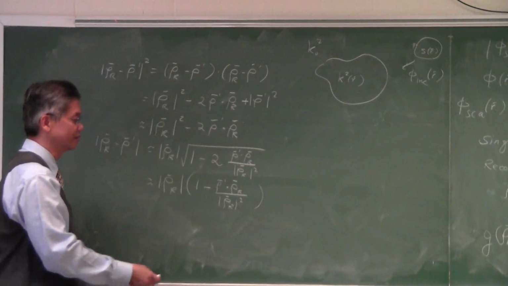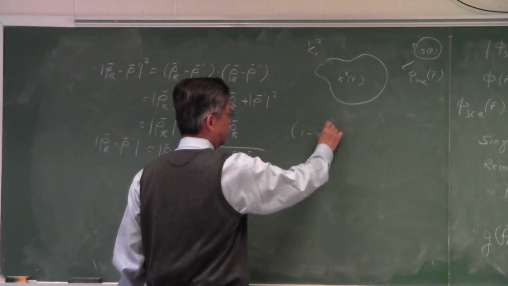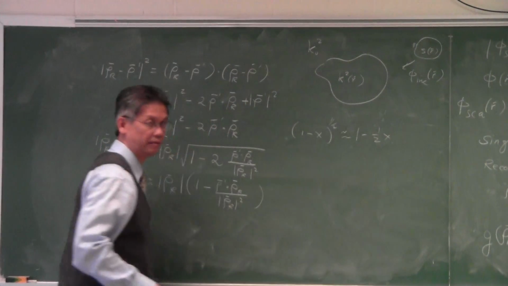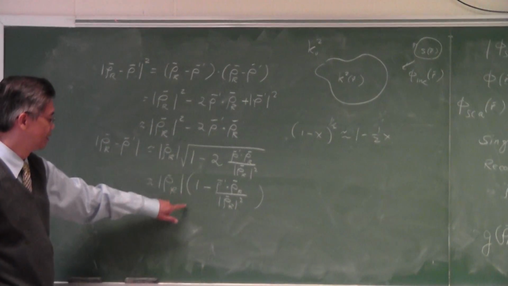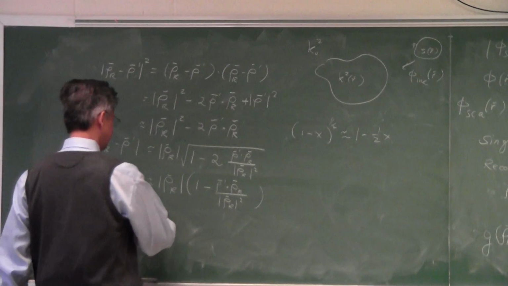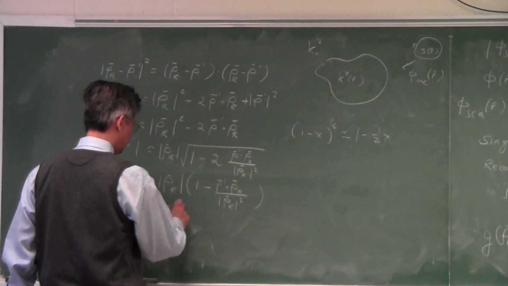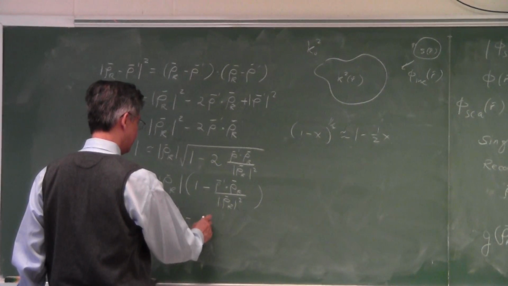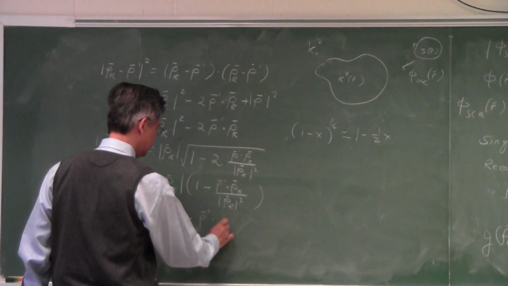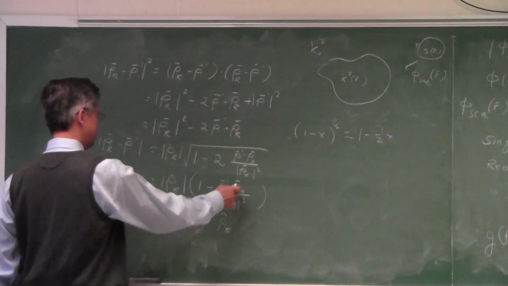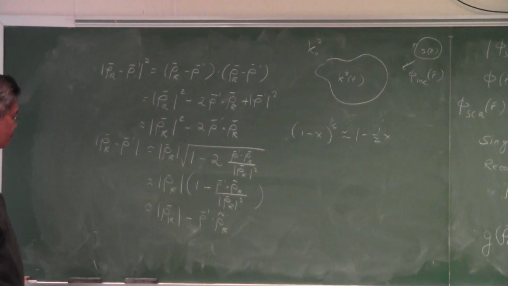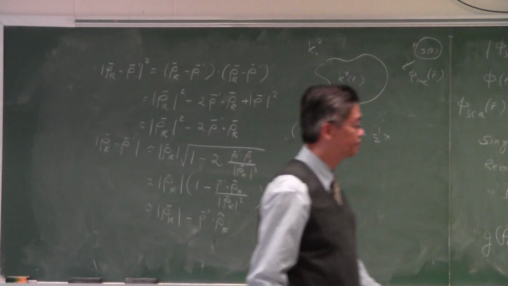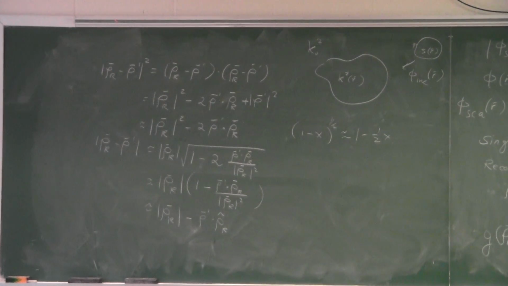The 2 goes away because 1 minus x to the half is approximately 1 minus half x by the binomial theorem. So this becomes that, and then this will become rho r minus, and then if you multiply things out, this becomes a unit vector. That's the result. Okay, and then we are throwing out the quadratic term, and keeping only the linear term. Then you keep the linear term, this is what you have.